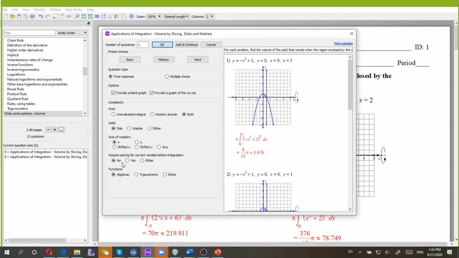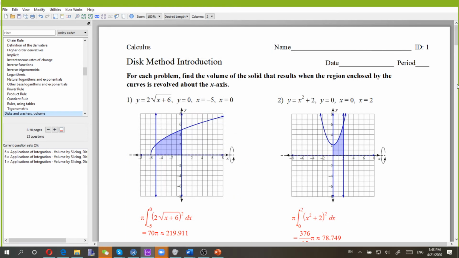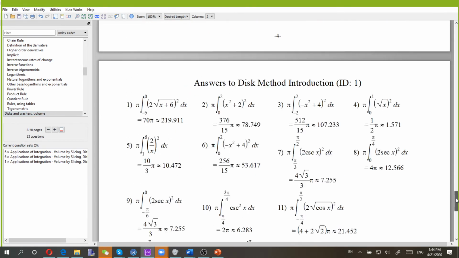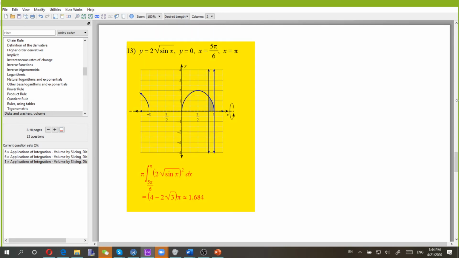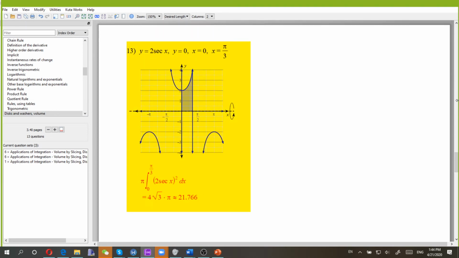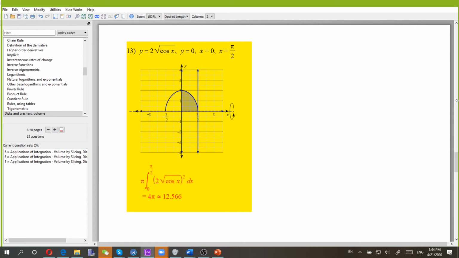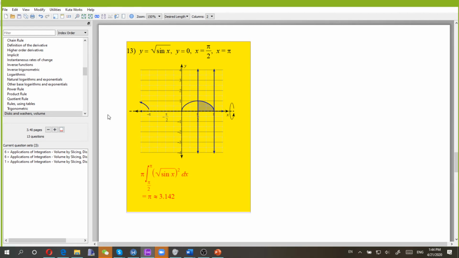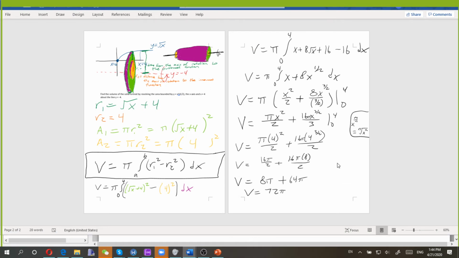Okay, we're going to have to make it harder. Alright, I'm just going to make one up, because I don't really like what I'm generating.